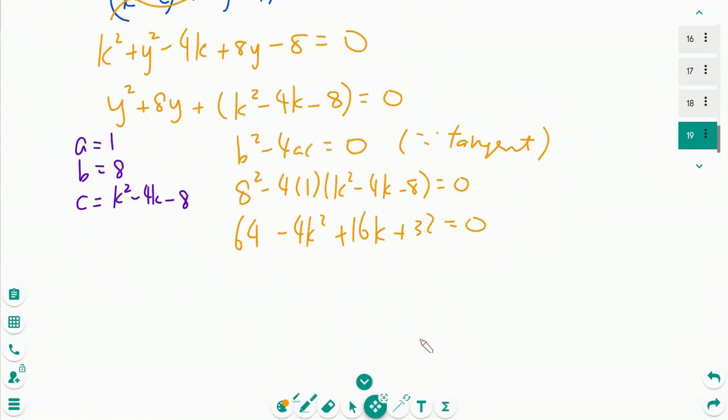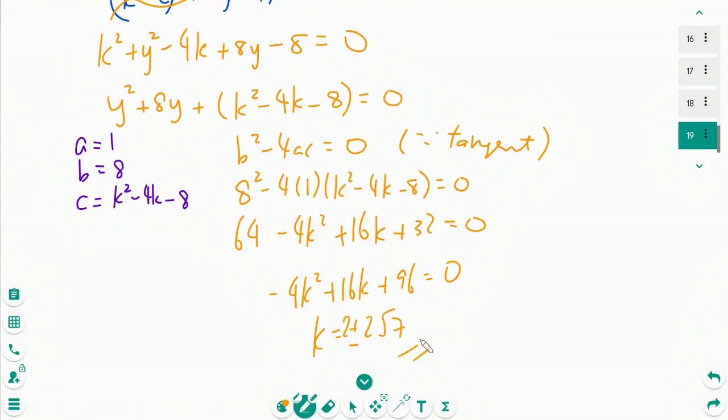So you get minus 4K squared plus 16K plus 96 equals 0. As a quadratic, put it in a calculator and you should get K equals 2 plus or minus 2 root 7. And that's your answer straight away.